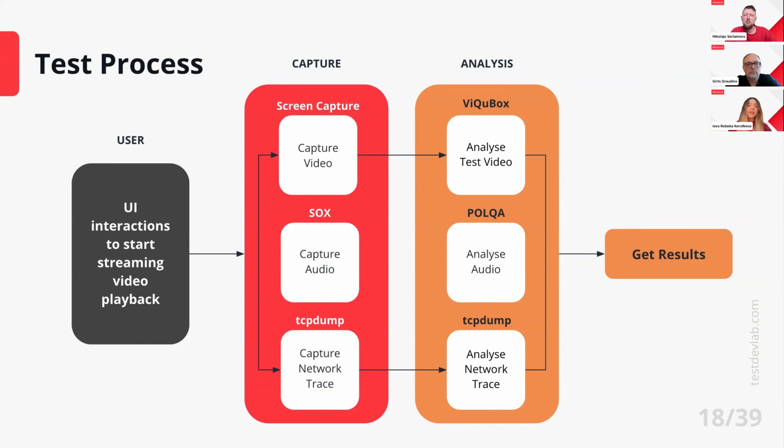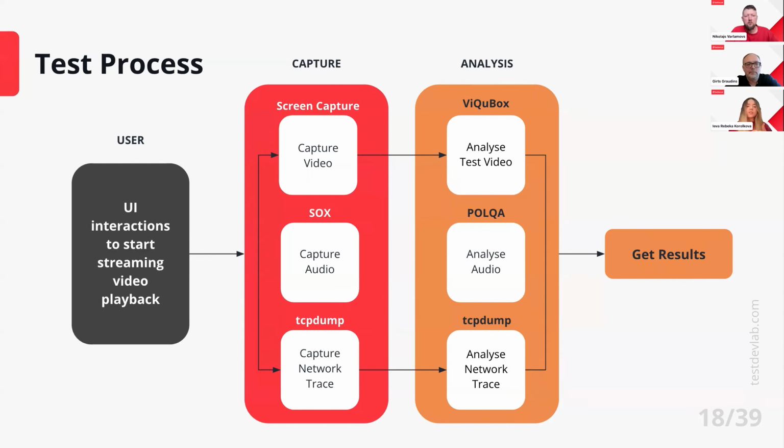And then once we gather all the raw data, we go into the analytics stage and we use different algorithms, either standardized or internally created, to ensure detailed analytics and gather the metrics over time. So we use VQBox, which is an internal tool to analyze test video and extract, for example, frame rate, video quality, and also video delay.